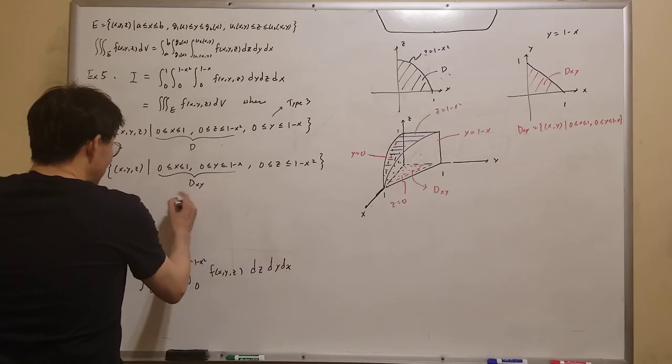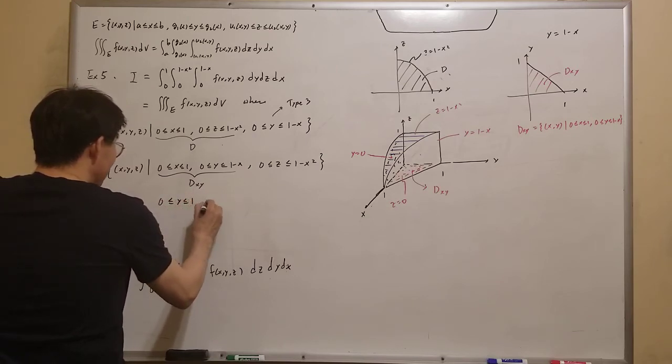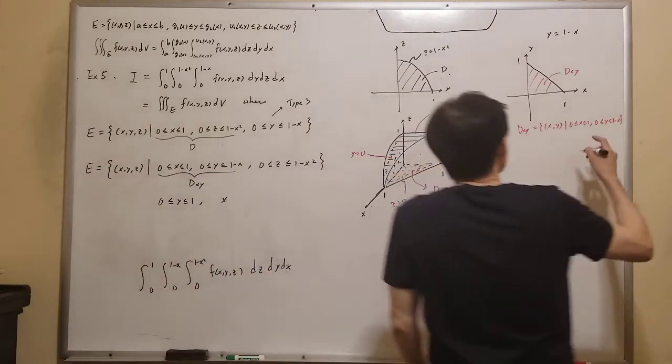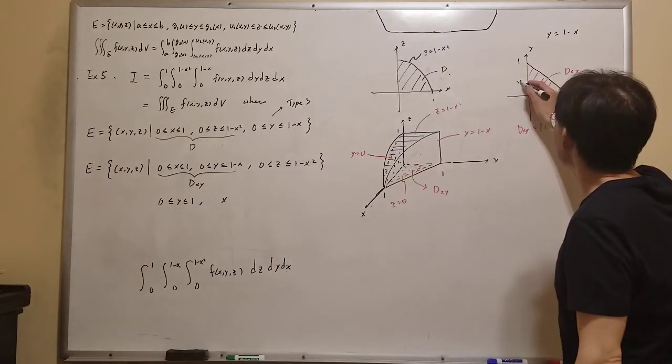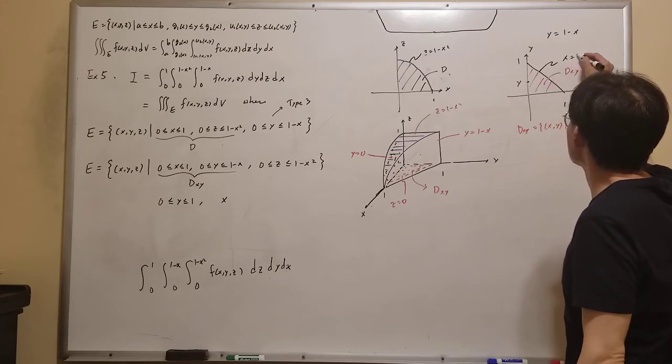Now this one can be written with y running from 0 to 1, and for given y, x runs from 0 to 1 minus y.